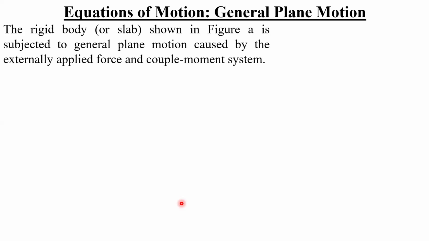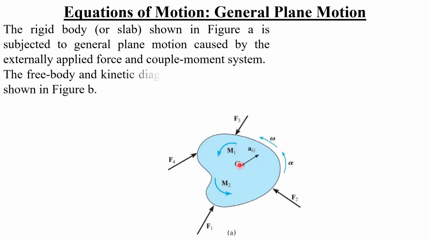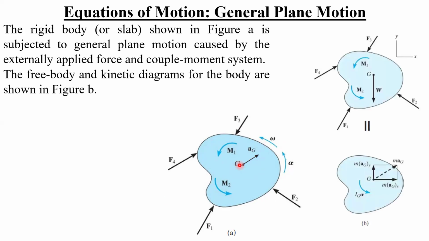The rigid body shown in figure A is subjected to general plane motion caused by the externally applied force and couple moment system. So this is the body. The free body and the kinetic diagrams for the body are shown in figure B. This is the free body and this is the kinetic diagram.